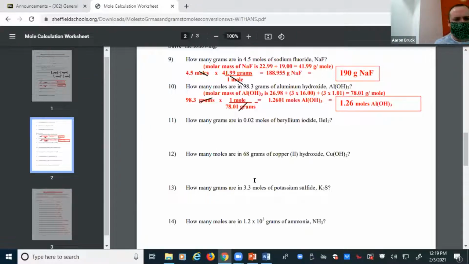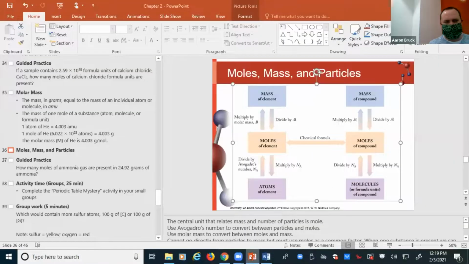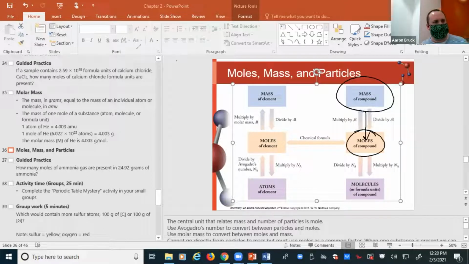All right. How many moles are in 68 grams of copper(II) hydroxide? Okay, if we go back to our mole map here, this time, again, we are going from mass of a compound to moles of a compound. Again, it's going to be a one-step kind of conversion.